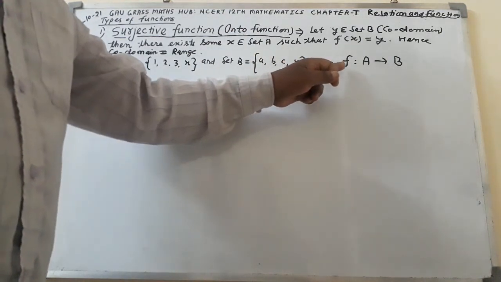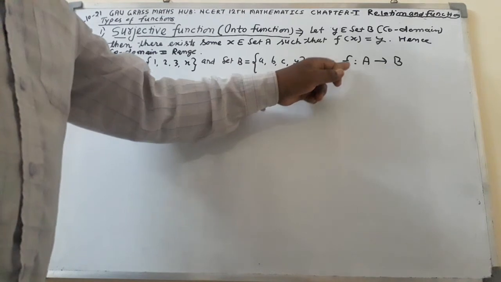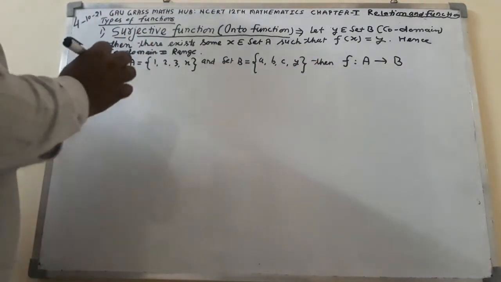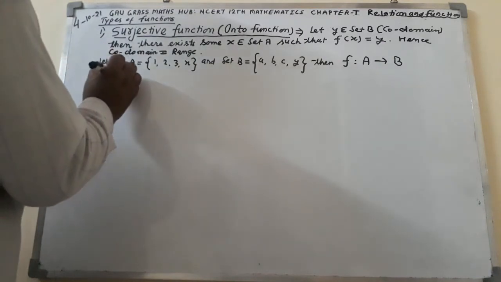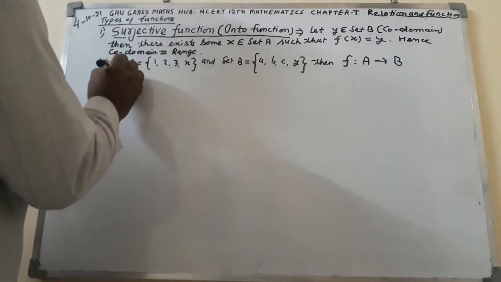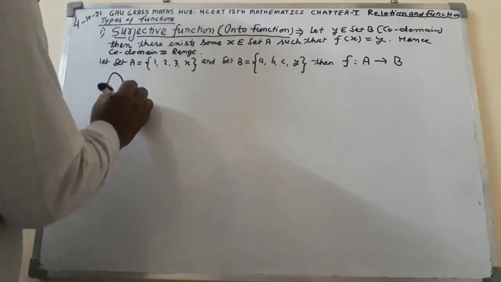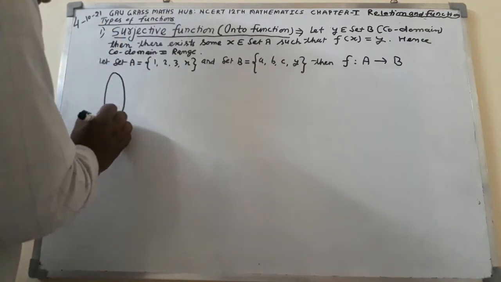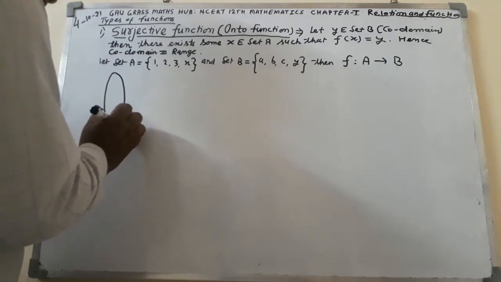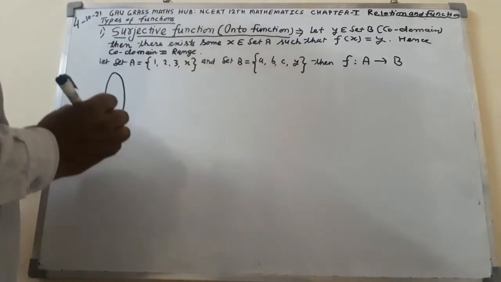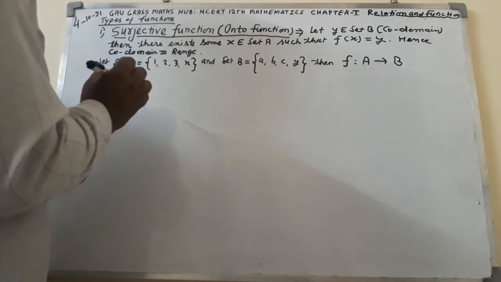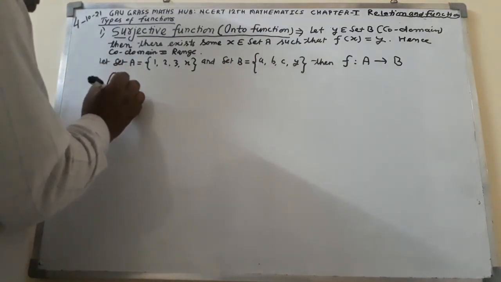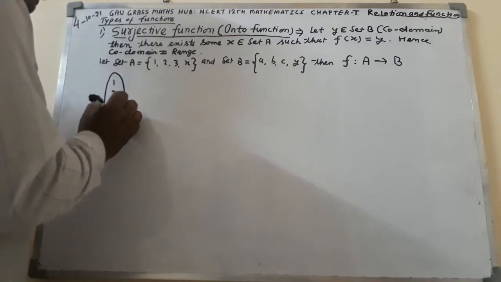Let me make the diagram here. This is set A, consisting of elements 1, 2, 3, x.